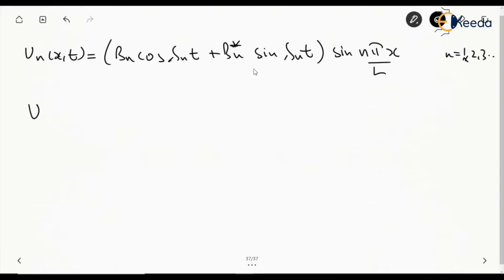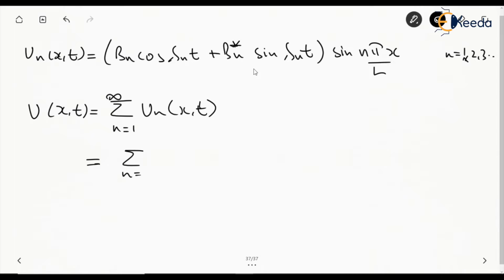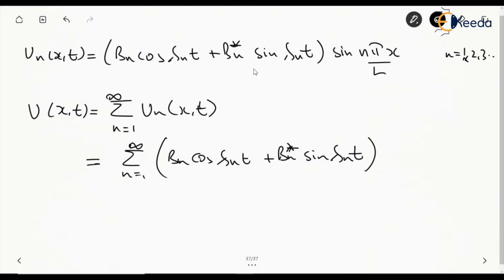So this is u n. So overall u is going to be the sum of n equal to 1 to infinity u n x t, which is the summation, n equal to 1 to infinity, of bn cos lambda n t plus bn star sin lambda n t, into sin n pi x by L. Apart from these boundary conditions, then we will come to the initial condition.